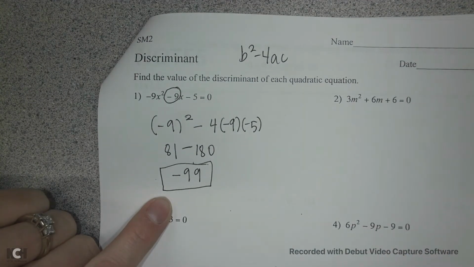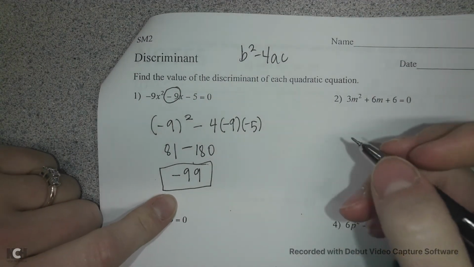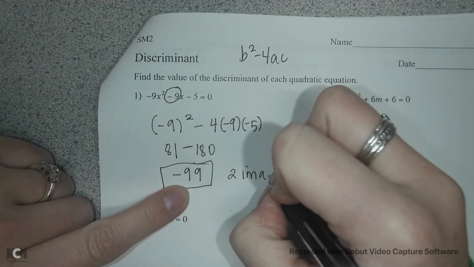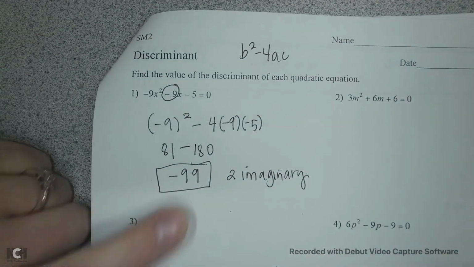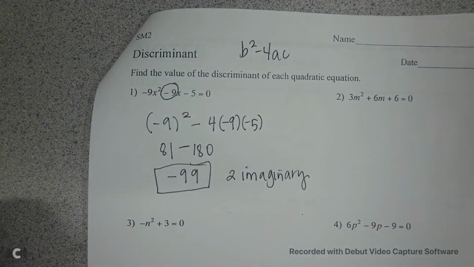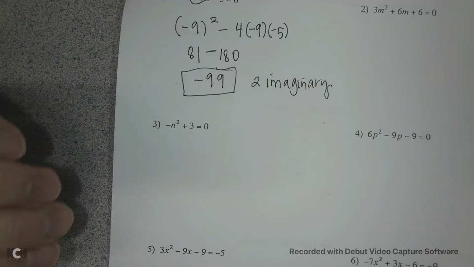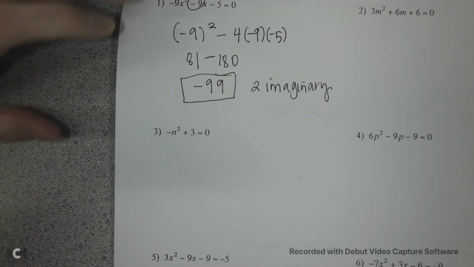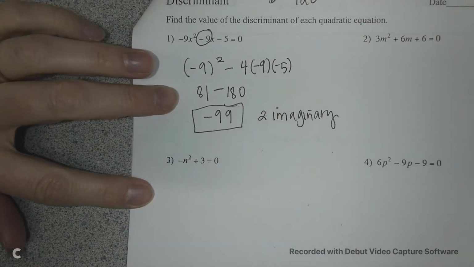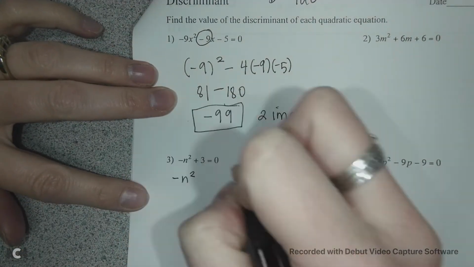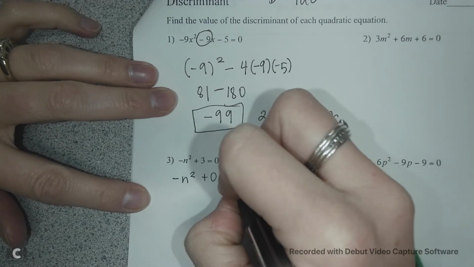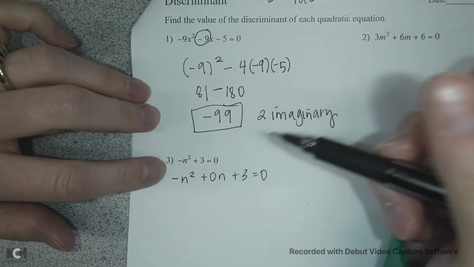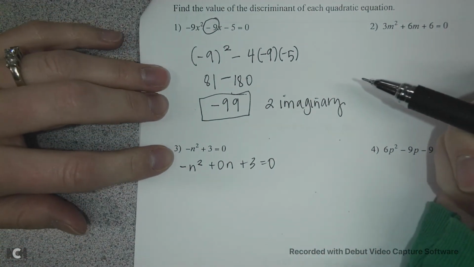This is one of the 2 answers I want. The other answer that I want is how many solutions. So because this is negative, this is going to be 2 imaginary solutions. Okay. All right, number 3. On number 3, I am missing a piece of my quadratic equation. Oh no, I'm missing my b value. So we're going to replace it. So we've got negative n squared plus 0n plus 3 equals 0. I didn't change my equation, I just put a placeholder for my b, because I don't have one.